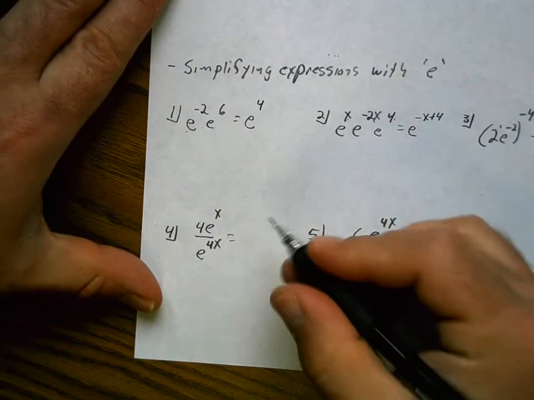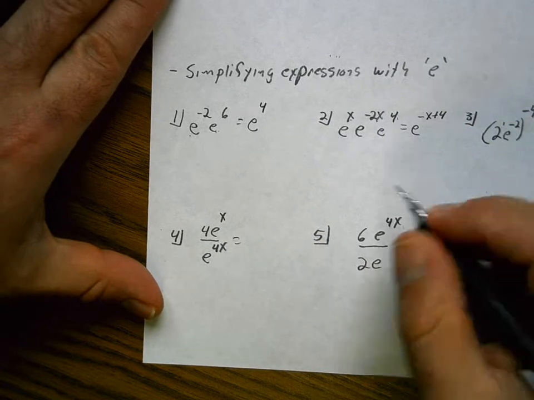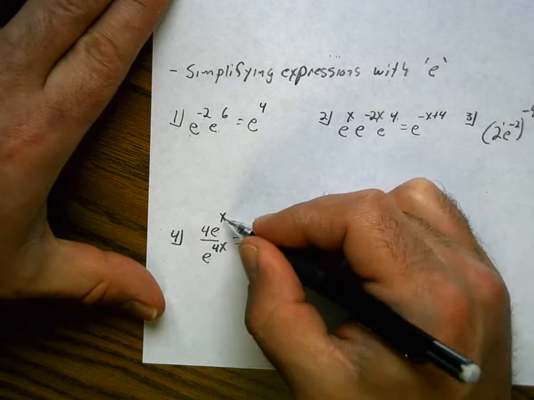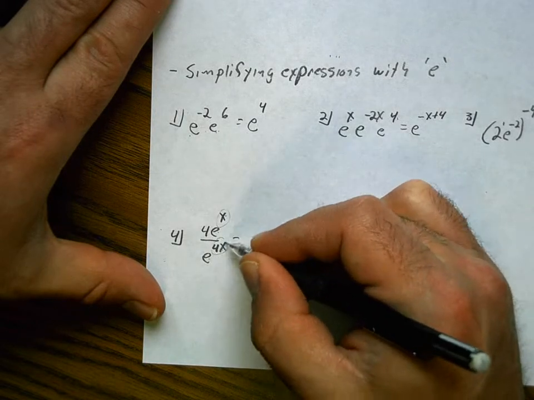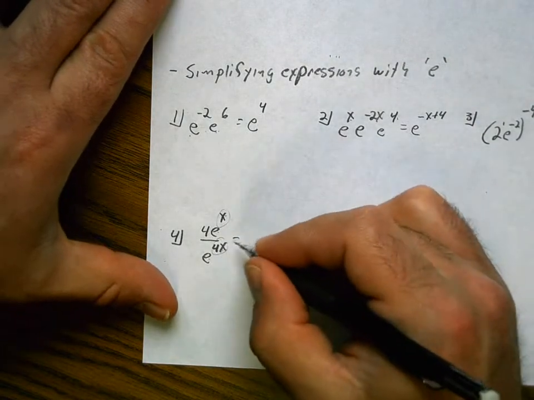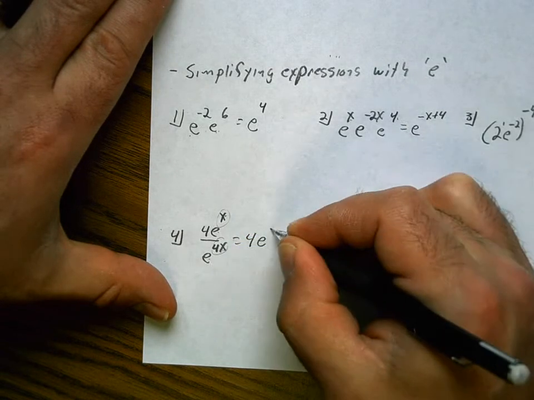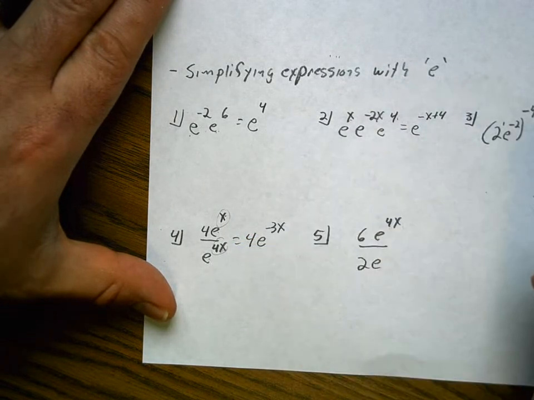Next one. This one looks a little tricky. What I can do here, when I have division, what do I do with the exponents? I subtract them. So this is going to end up being 4e to the x minus 4x, which is negative 3x.